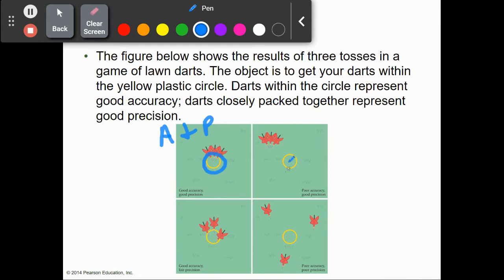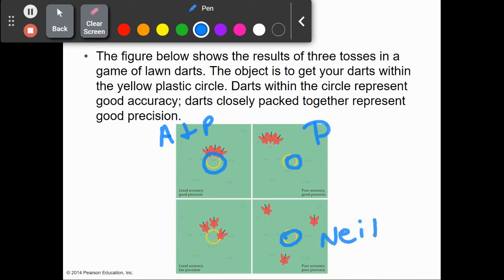Okay, so in this one, here's my yellow circle way over here. And there's my 3 red darts. It's not accurate, but it is precise. Okay? All right, so what about this one down here? Here is my yellow circle. Here's my bullseye. This is neither.